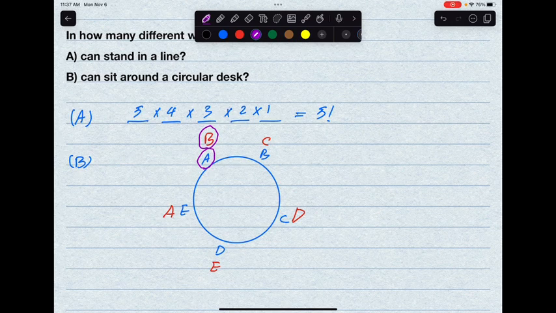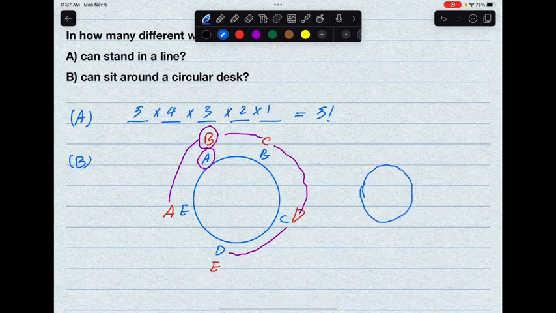So they're not 2 different ways, because if you just look, it's A again, then B, then C, D, E. So you can see it's a little bit different from sitting in a line. For doing this, how we can solve this one is, we can just say, okay, we have a circular table.